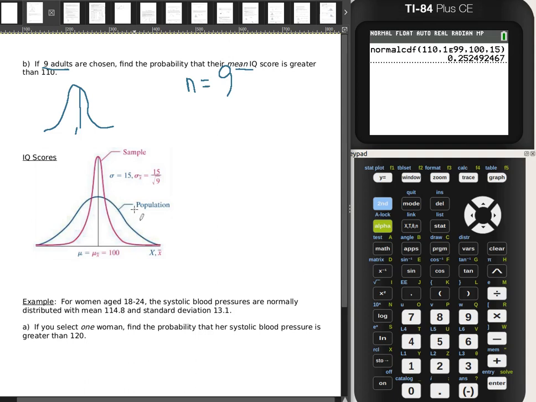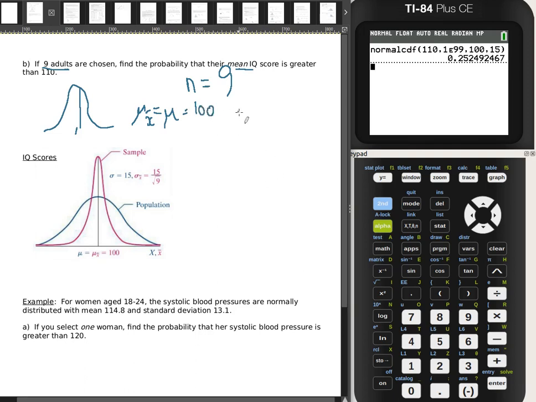And here we're looking to find the probability that their mean IQ score is greater than 110. But since this is the sampling distribution, the mean is going to be the same because we already saw before that mu sub x bar is the same as mu. So they are both 100.